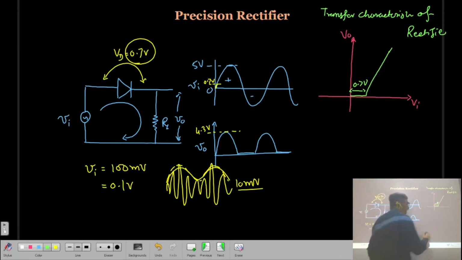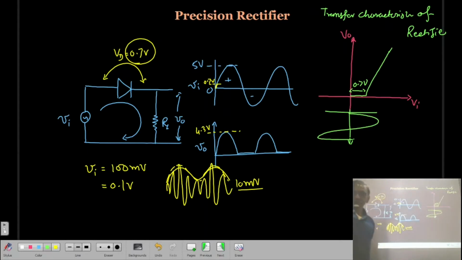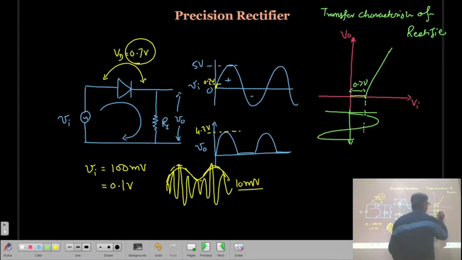So here if we apply an input signal like this, then the output voltage will not be present during this time period. Output voltage will be present only during this.